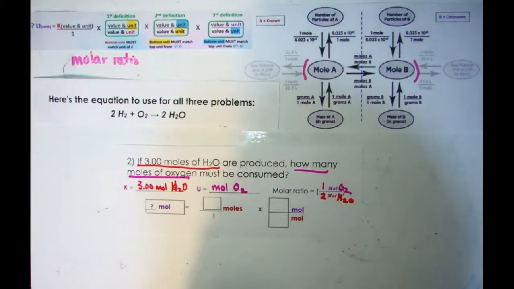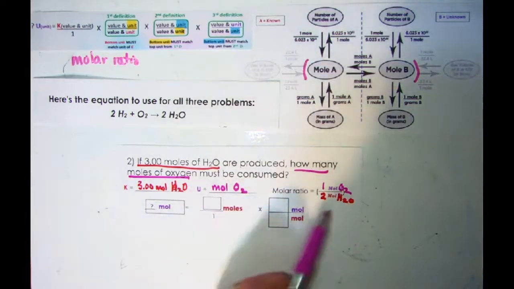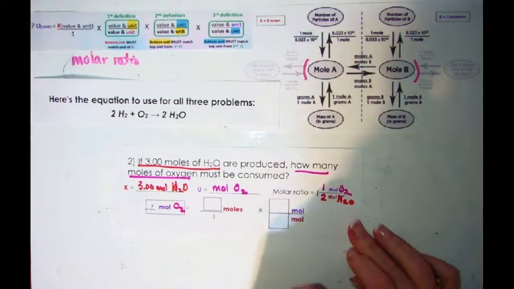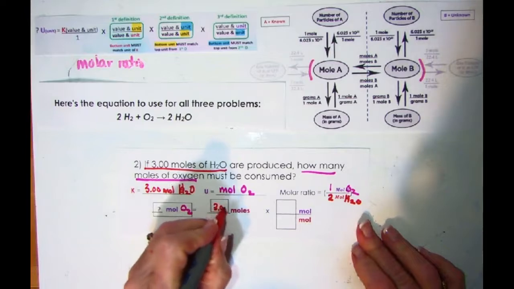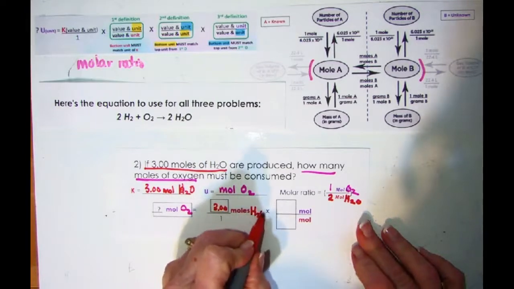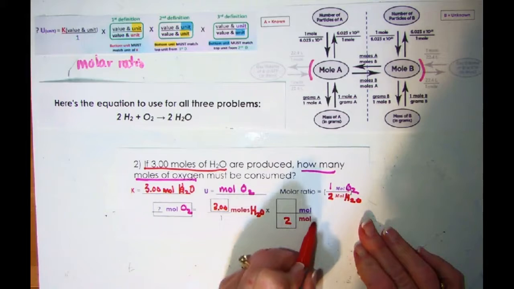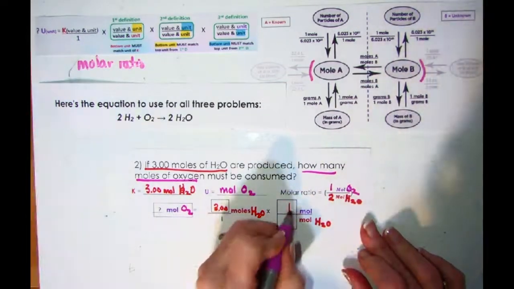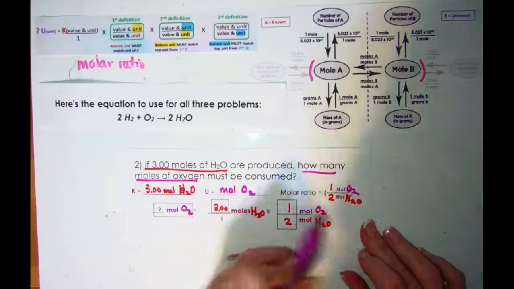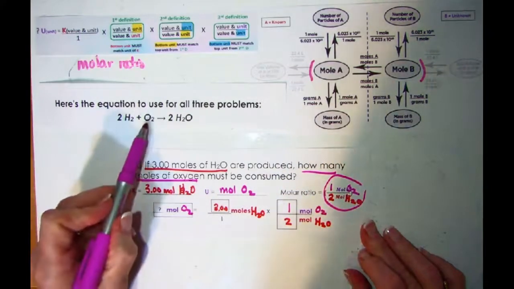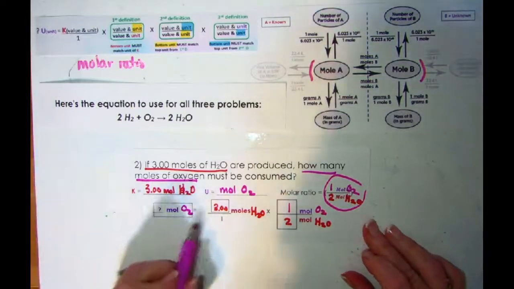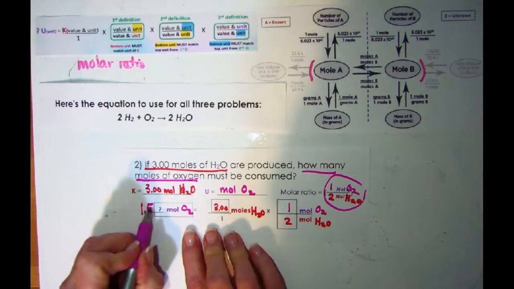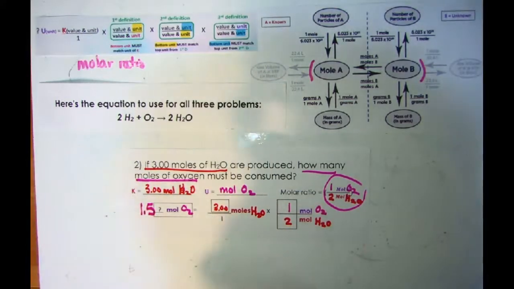My question mark is how many moles of O2 equals 3.00 moles of H2O. We put 2 moles of H2O on the bottom since it's my known, and 1 mole of O2 on the top, established by the equation. So we have 3 times 1 divided by 2, and I end up with 1.5 moles of oxygen.